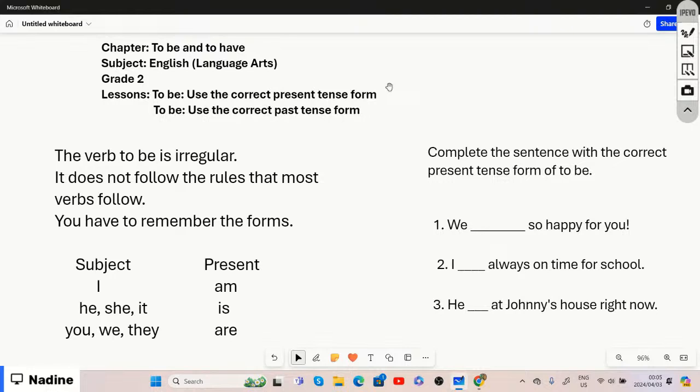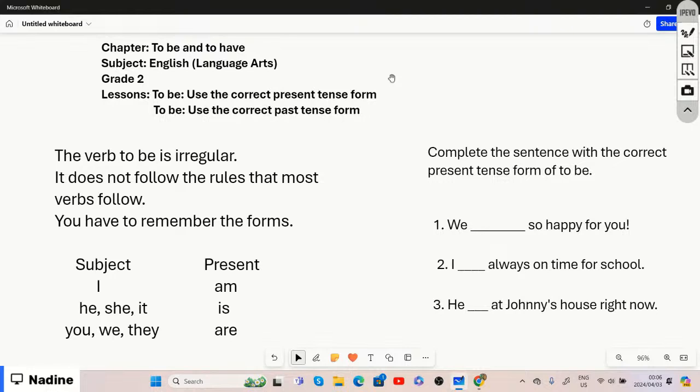Present tense basically tells us something that is happening now. And then we have past tense, which basically tells us something that happened already. It happened in the past, right?